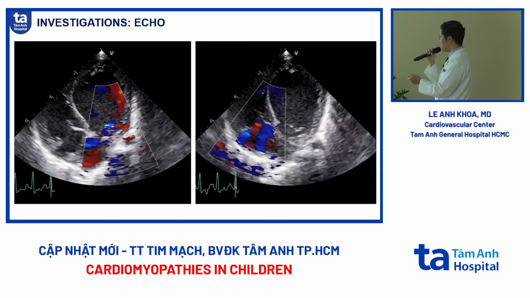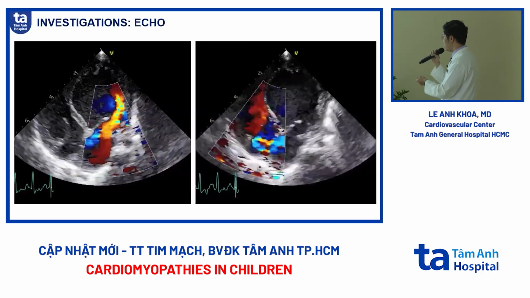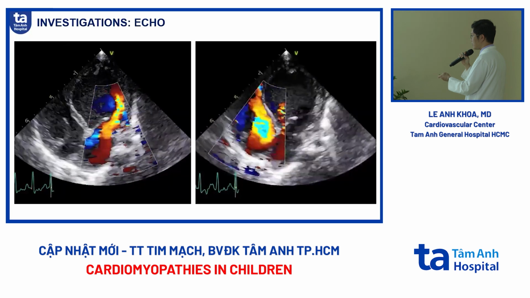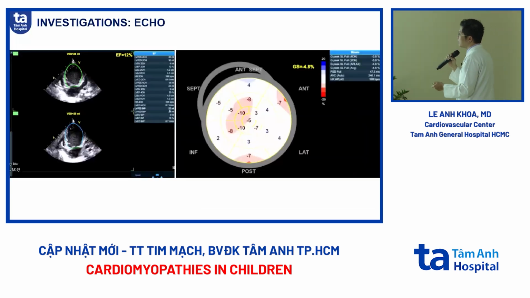We can see the mild to moderate MR and mild to moderate TR. This is the EF measured by the GE machine with the EF just 12%, and this is the longitudinal global strain. It's just about minus 4.8%.